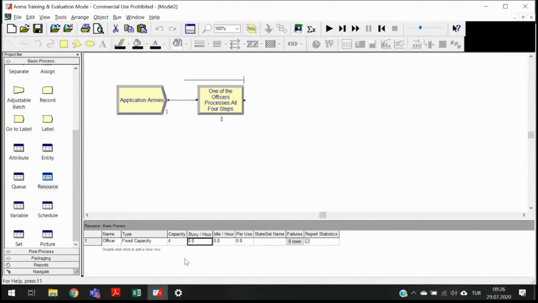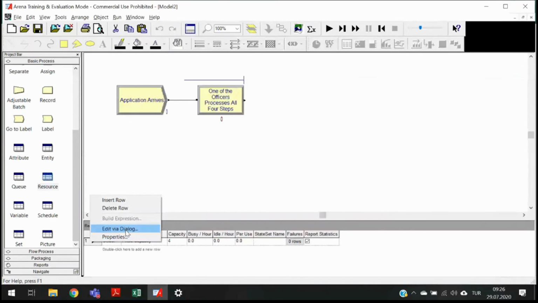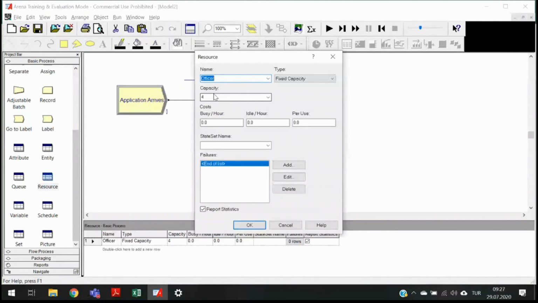Now if you right click on that button and say edit via dialog box, you can also change that capacity from here. Remember, with right clicks you can always open a dialog box, and in the dialog box you can also ask these questions. So what is capacity here? If you click on that, it is going to explain it to you.